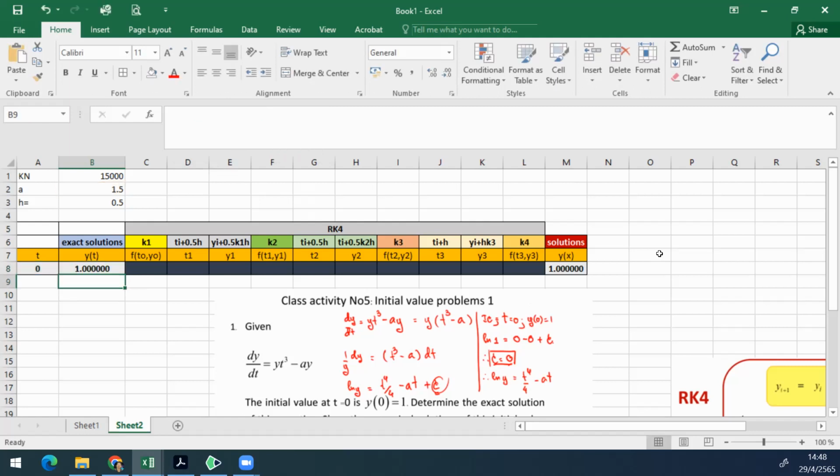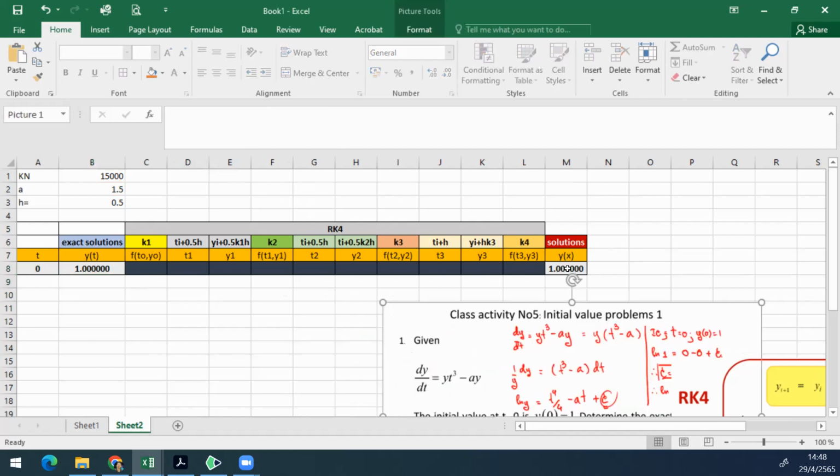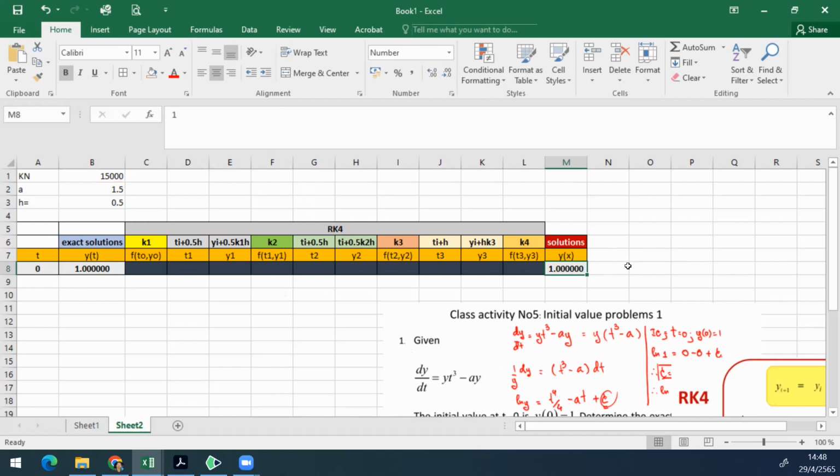We have this value, right? And for this case, it is the initial condition. That's what we maintain. And it is the percent error, right? Percent error for the initial condition should be 0, right?